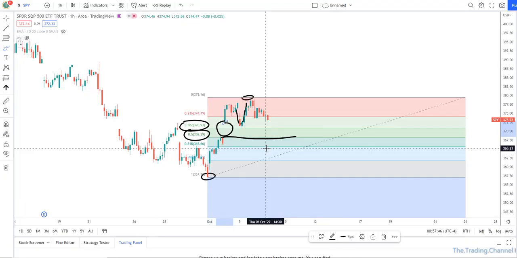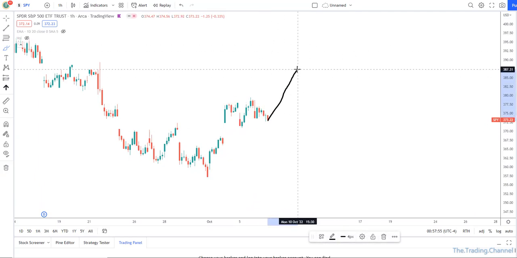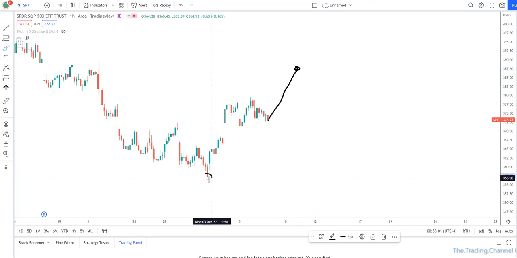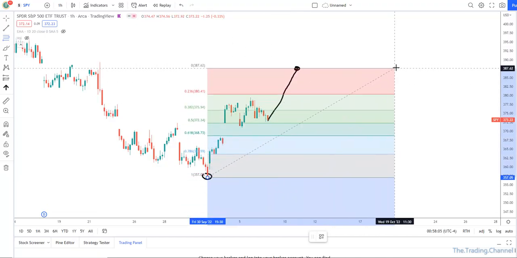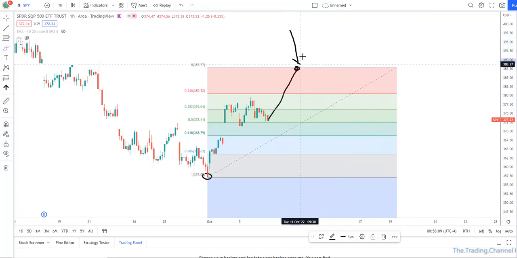The only thing you have to be very careful about is to make sure you can see the swing high and swing low first. So for example, assuming that today the stock is here, let's say the current price is here, please do not take your swing low, which is here, and put it here, because you will never know whether this is the swing high. For all you know, tomorrow it goes higher.